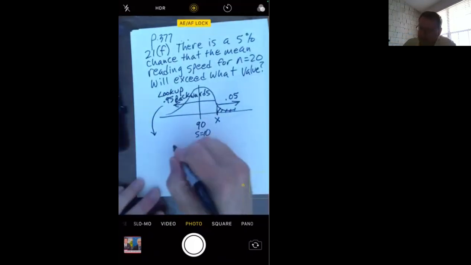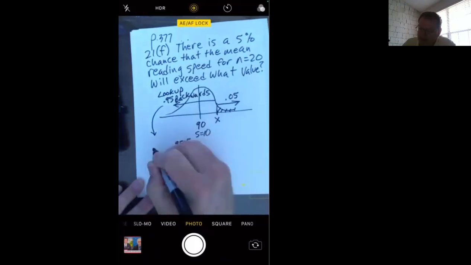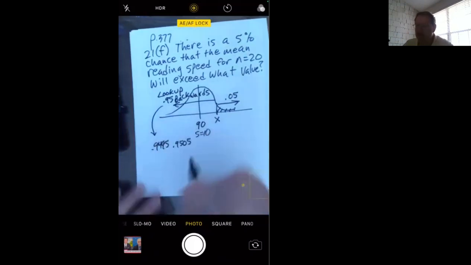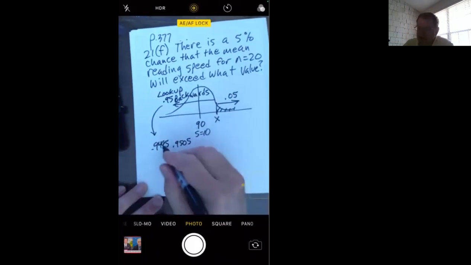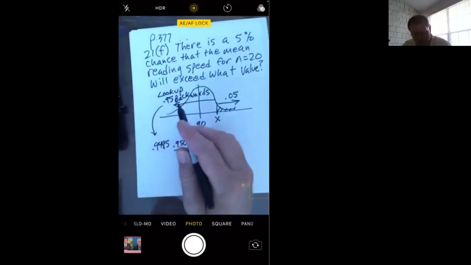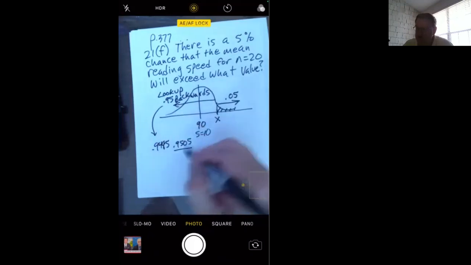I'm sorry you can't really see this on the screen. There's a 0.9505 and a 0.9495. This is equidistant, 5 below, 5 above. I'm going to pick this one on the grounds it matches the most digits. So at 0.9505, my z is 1.65.